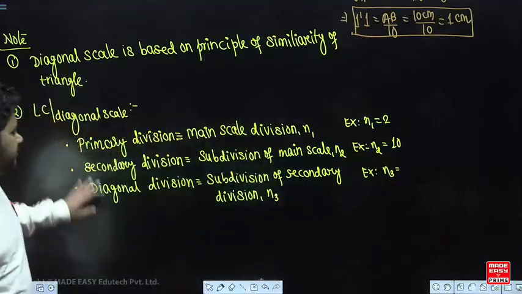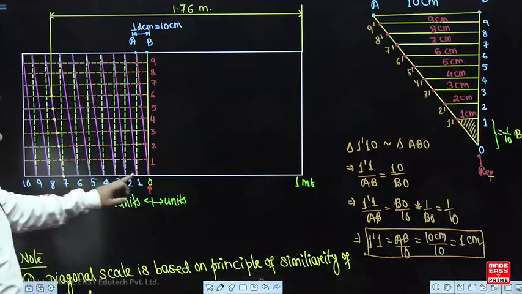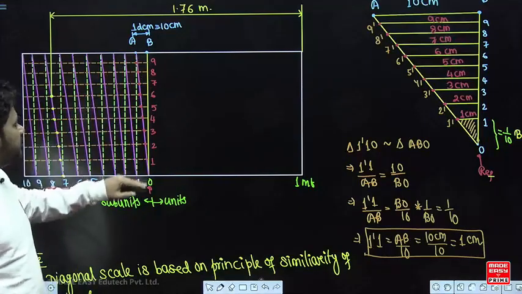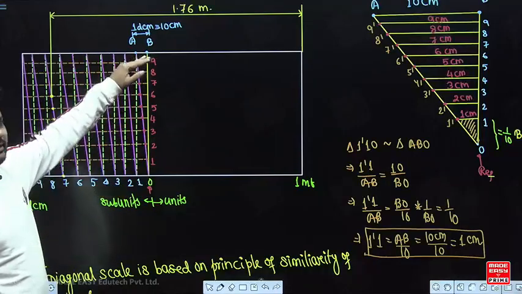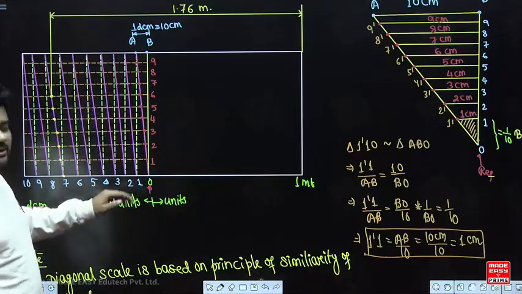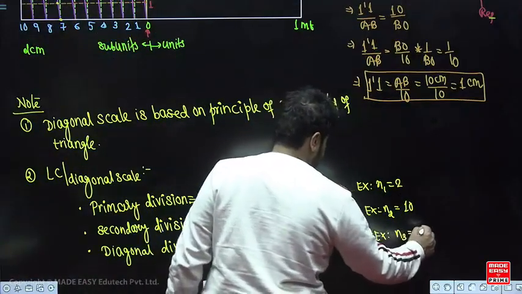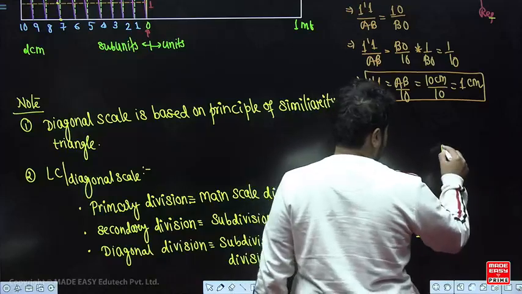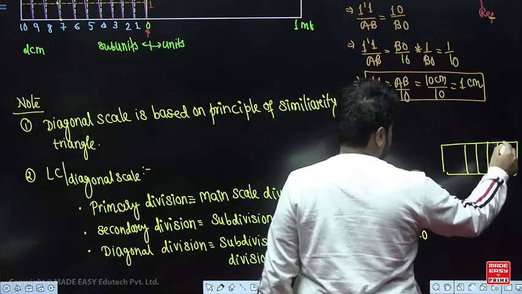N3 means we have to subdivide the secondary division. The whole secondary division has been divided into how many groups? This is again 10, right? So 0, 1, 2 up to 10, 10 equal divisions. So here N3 is equal to 10, correct?